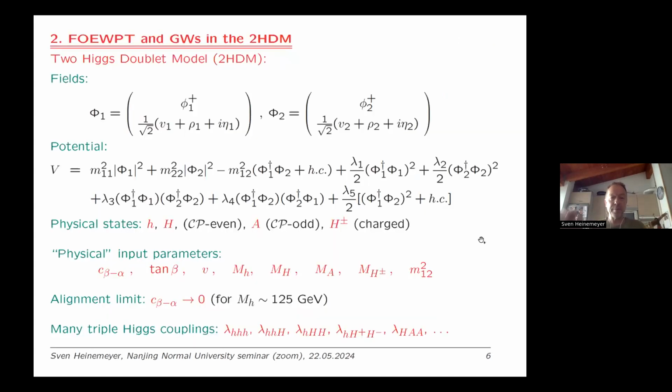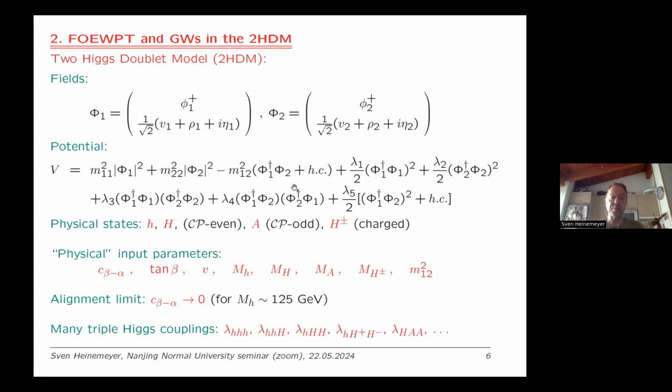Now, coming to the playground where we will analyze all this, we work in this talk in the Two Higgs Doublet Model, where we extend the Higgs sector of the standard model by a second doublet shown here. And then the potential looks a bit more complicated because we can combine 2 doublets.